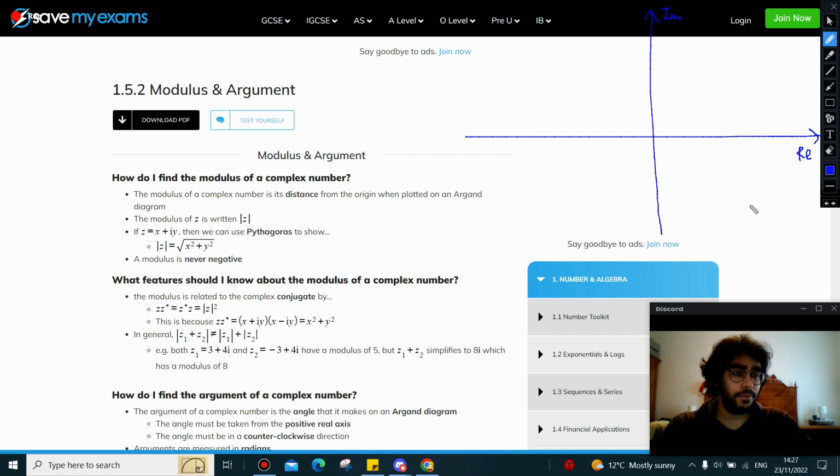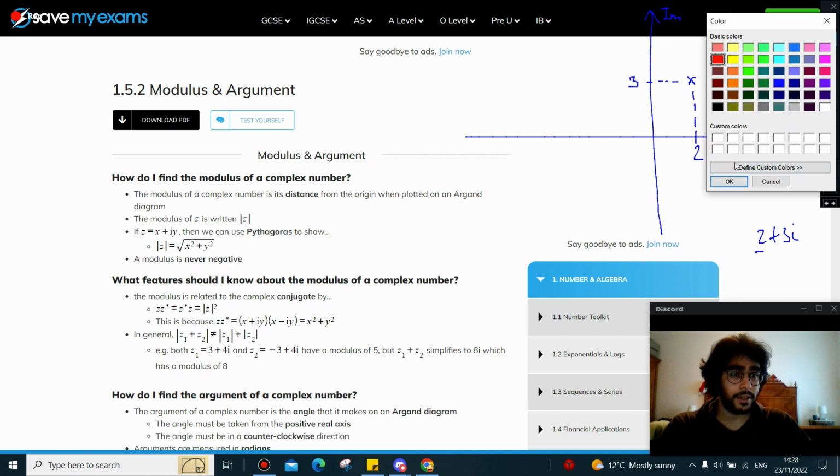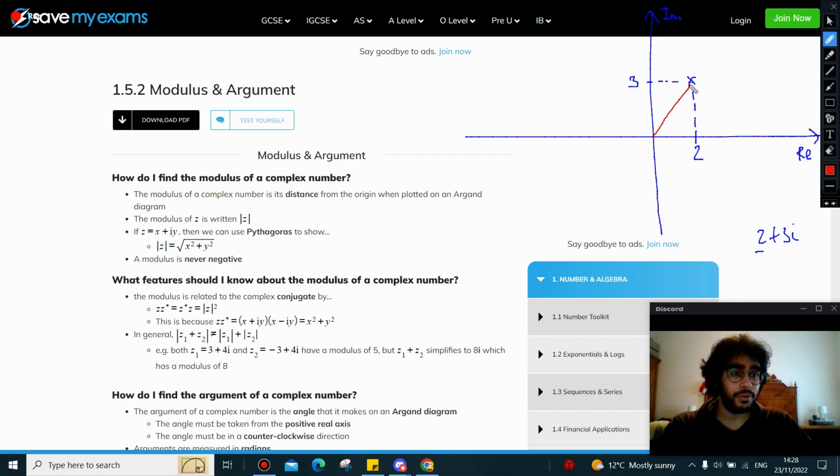For example, if we write 2 plus 3i, to show it on this xy coordinate, we find 2 on the real part, because the real part is 2. Then we find plus 3 on the imaginary part, which is here. And then we find the point, which is this point. And then we draw a vector from the origin to that point, let's say in red, like this.